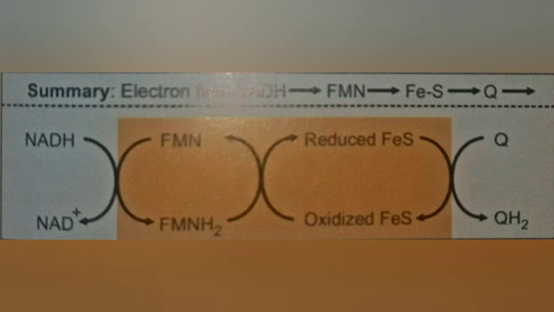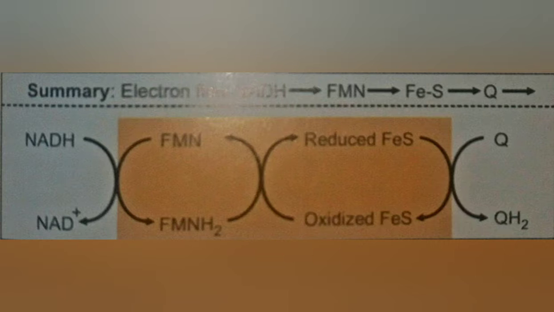See, FMN accepts them and gets reduced to FMNH2. If it is accepting hydrogen, then after addition of hydrogen it will become FMNH2 only. So two electrons and one hydrogen ion are transferred from NADH to flavin prosthetic group of the enzyme. The electrons from FMNH2 are then transferred to FeS.